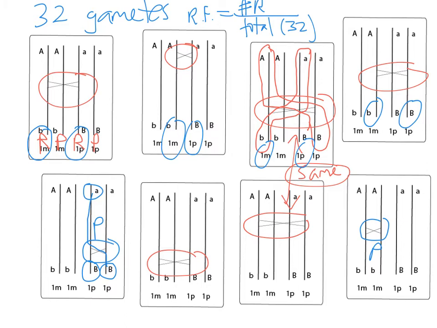I mean, second on bottom. 11, 12, 13, 14. So are all those ones I circled in blue recombinant chromosomes, or did I mess up at all? Do you want all the chromosomes total or the different ones? I want the number of recombinants.